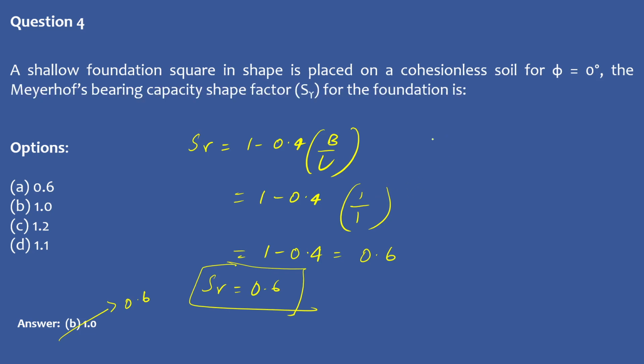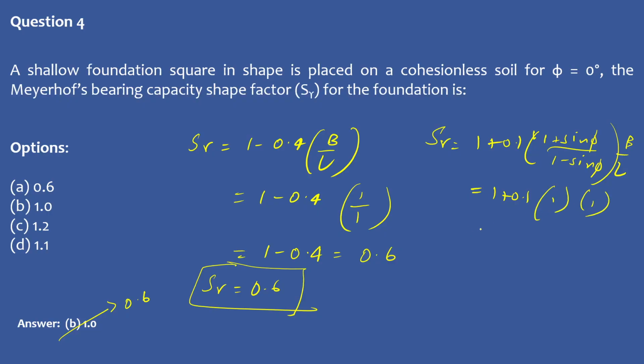Because there is another formula, S gamma equals 1 plus 0.1, into (1 plus sine phi by 1 minus sine phi), into B by L. So it's 1 plus 0.1, and this factor will be 1 and this will be 1. So it will come out as 1.1. So let me check the formula.